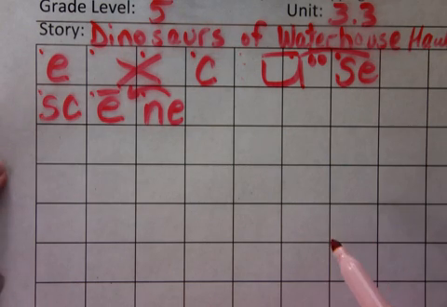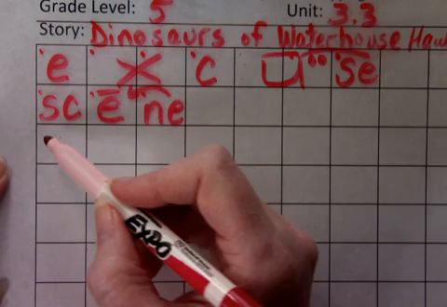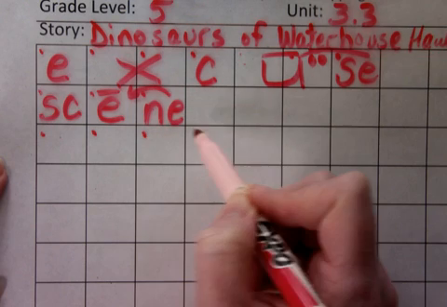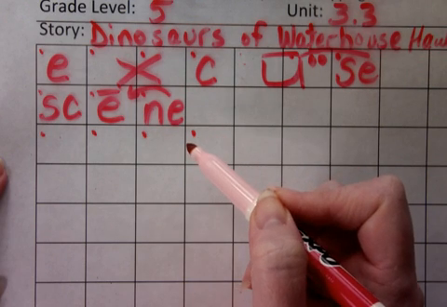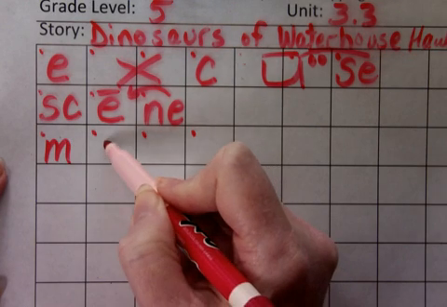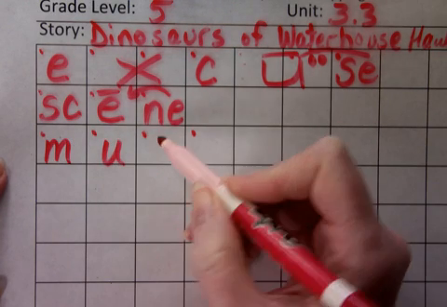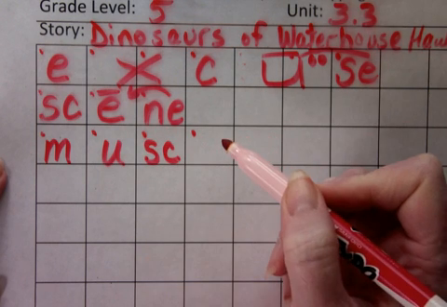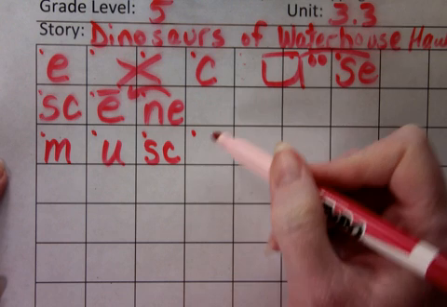The next word is muscle. Muscle. Sound it out. The first sound is S. That's got that silent C in it. And ul.